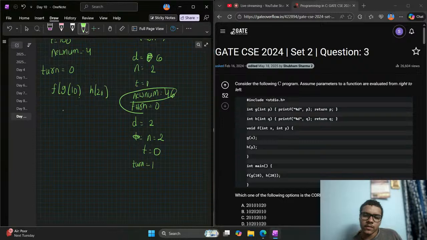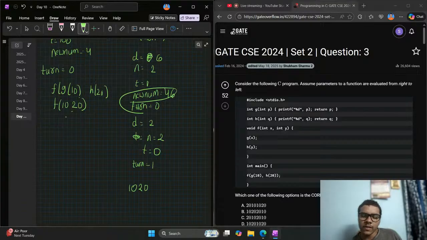G of 10 just prints P on the console and it returns P. So now f of 10 is called. Okay, wait, my bad. F of 10 comma H of 20. What is H of 20? It prints 20 and then it returns Q. So f of 10 comma 20.